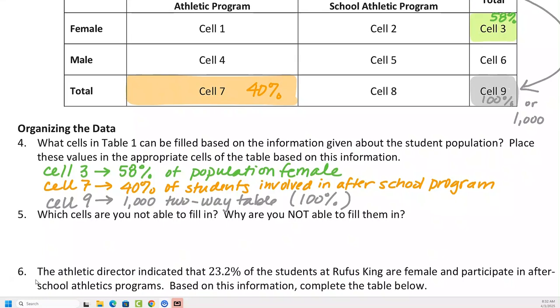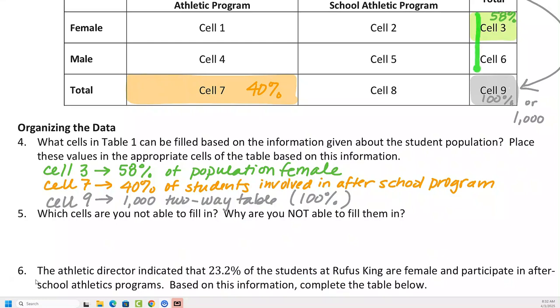So which cells can we still fill in? Good. 8 and 6, or 6 and 8, right? Because we know that these have to add to be 100, and we know that these have to add to be 100. So we could calculate 8 and 6.